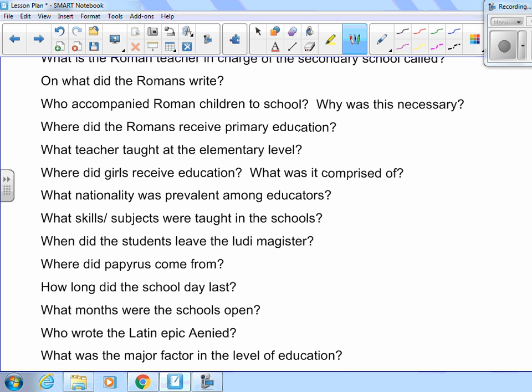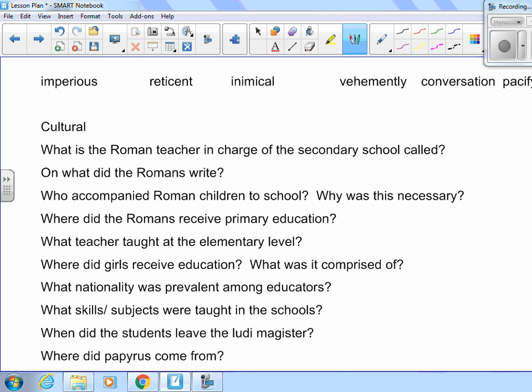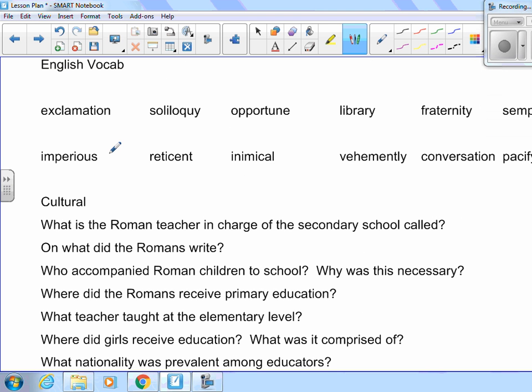English vocabulary. We have exclamation. Obviously, that is some kind of comment that is emotional. Soliloquy, that is a speech given by one person alone. Opportune is the best time or the most fitting time for something to happen.